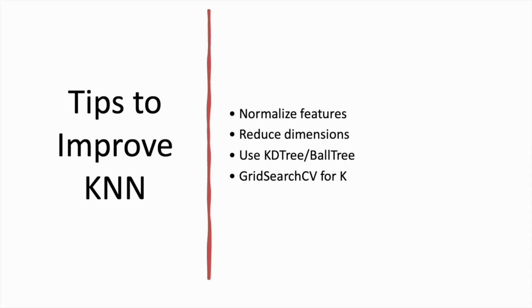Third is for large data sets, use optimized data structures like KD tree or ball tree to make distance calculation faster. And the last one is use grid search cross validation to find the best K by testing multiple values on validation sets. These best practices can take your KNN model from average to excellent.